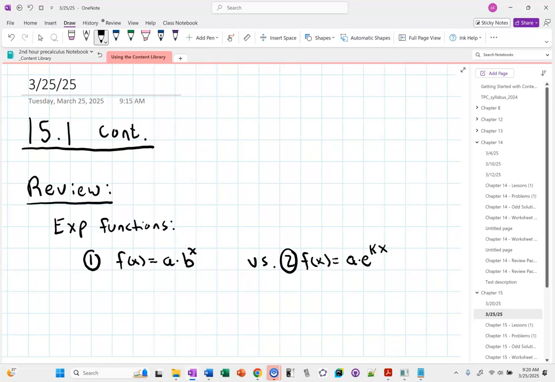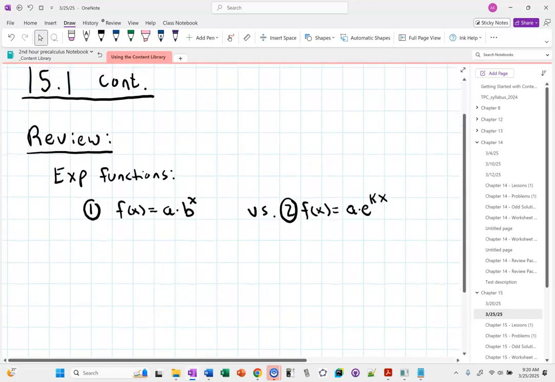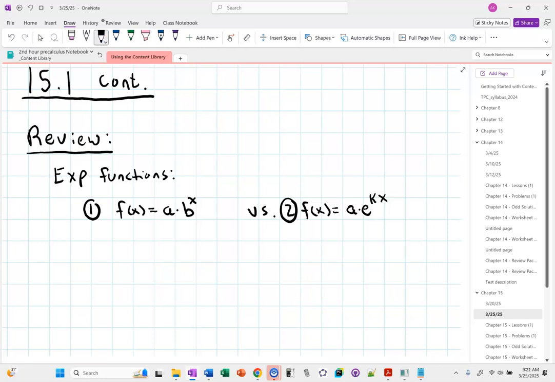And then amongst our exponential functions in either representation, we can have growth or decay, right?